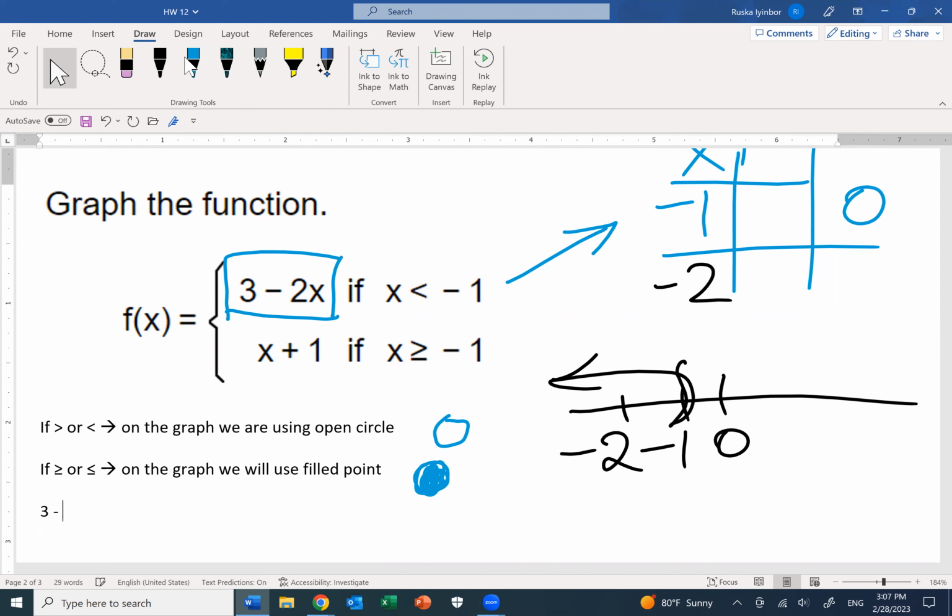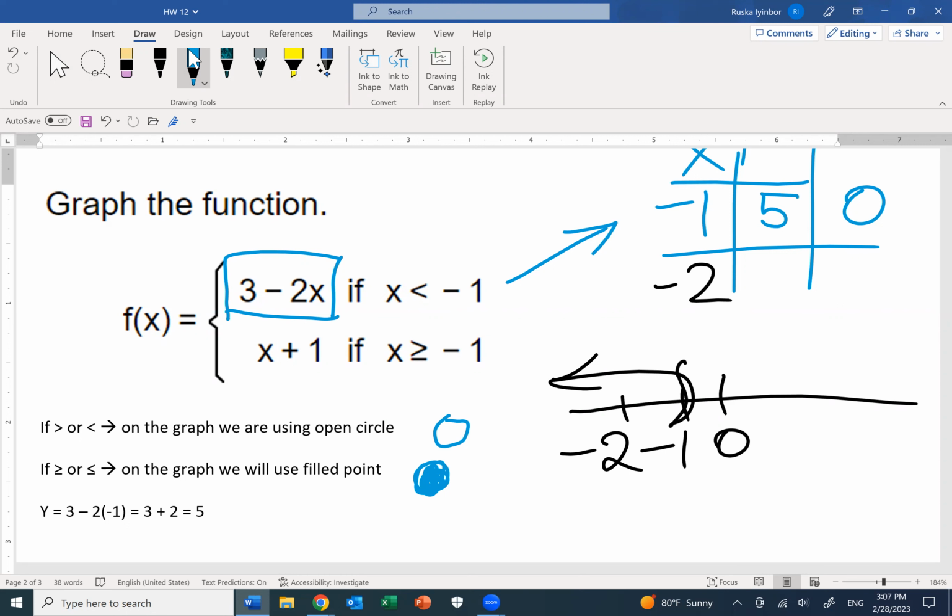I'm solving for y. When you calculate it, it's 3 plus 2, which is 5. So when x is negative 1, y is 5.